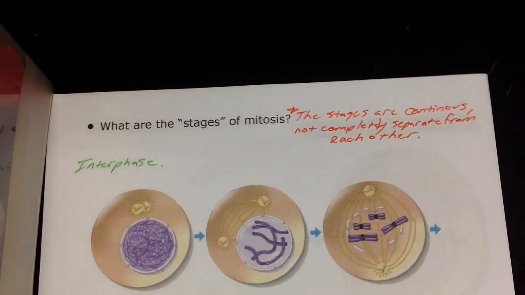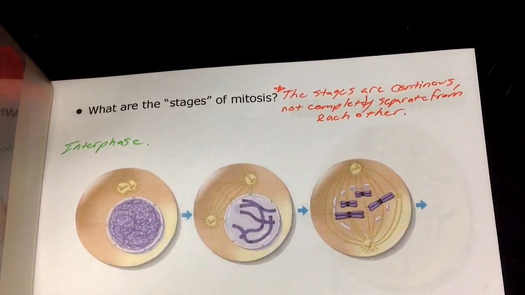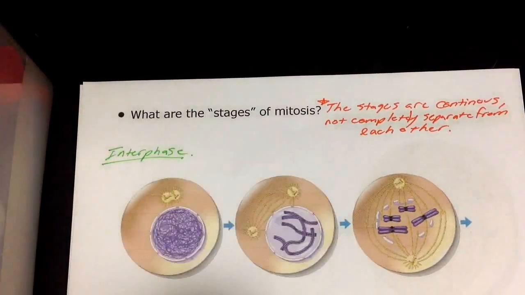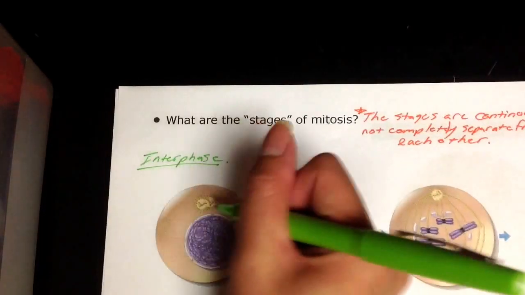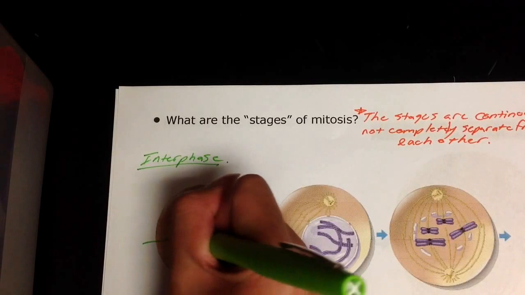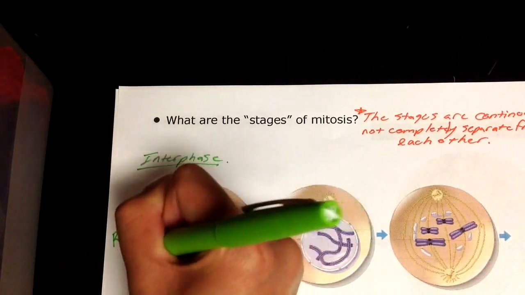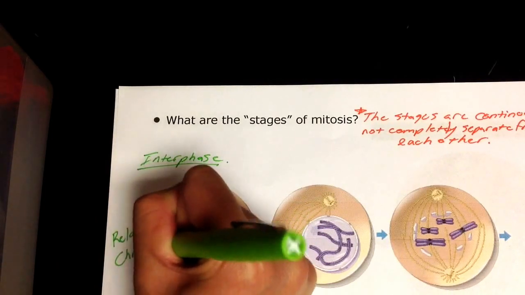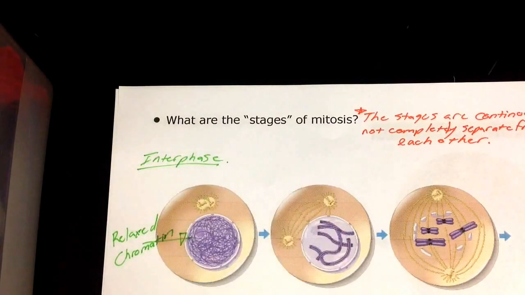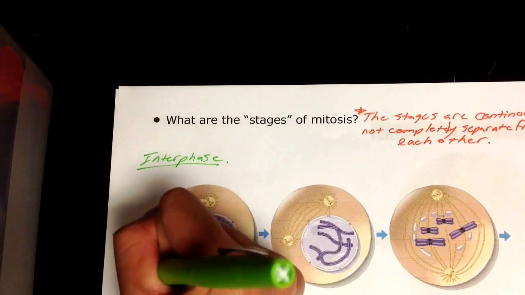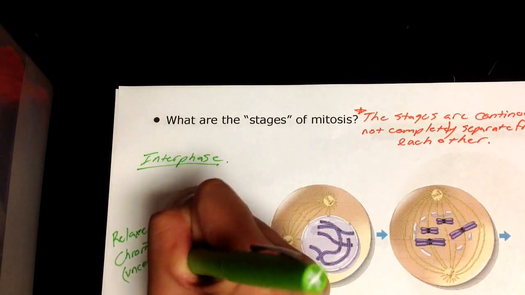So our first phase is known as interphase. And in interphase, you're going to see a couple of things. In interphase, we'll be able to see some relaxed chromatin. And relaxed chromatin just means uncoiled DNA.